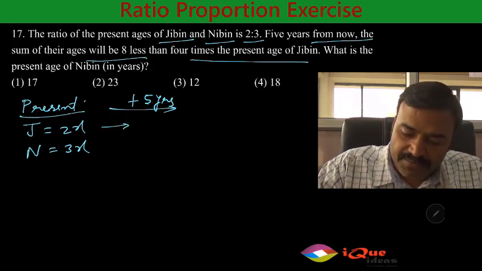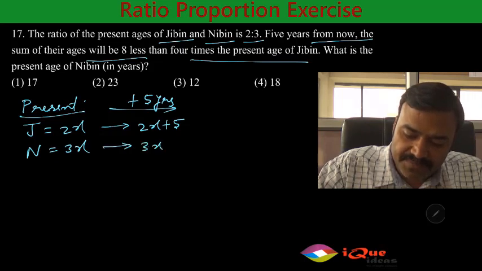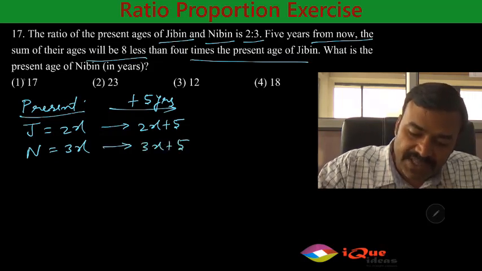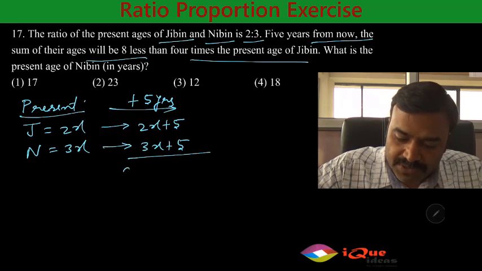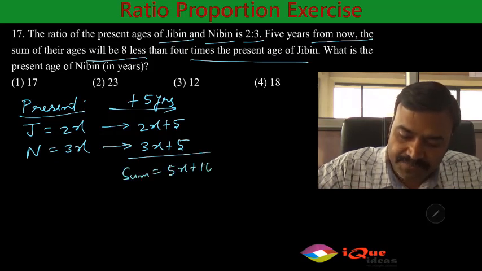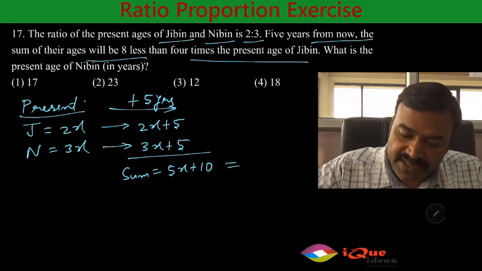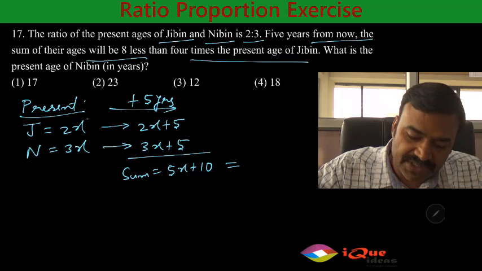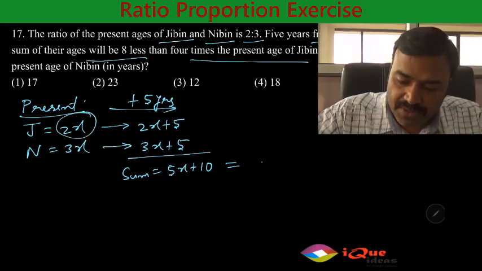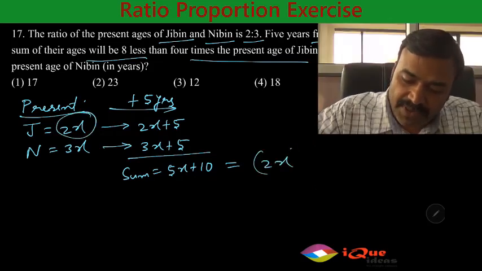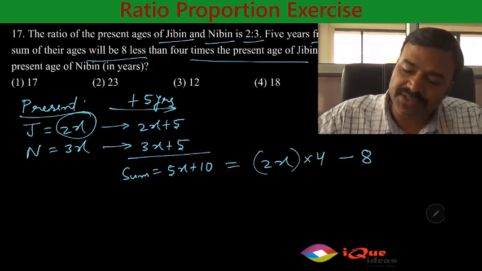Their ages will become 2x plus 5 and 3x plus 5. And at that time, the sum of their ages, now what is their sum? The sum of their ages is equal to 2 plus 3, 5x, plus 5 plus 5, 10. It will be 8 less than 4 times the present age of Jibin. Now present age of Jibin was 2x. So 2x multiplied by 4 because it is 4 times, and less than 8. So 8 less. This is how we get the situation.